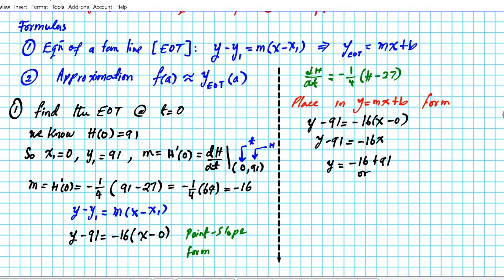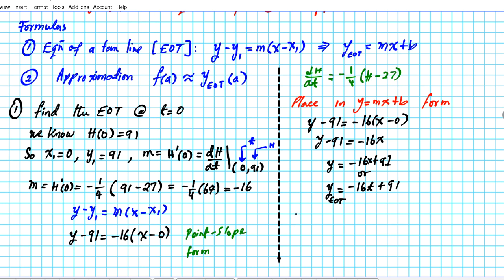Using the independent variable that we're working with here, we write it as y equals negative 16t plus 91. So now this is the equation of the tangent line. This is what we're going to use as our approximator.